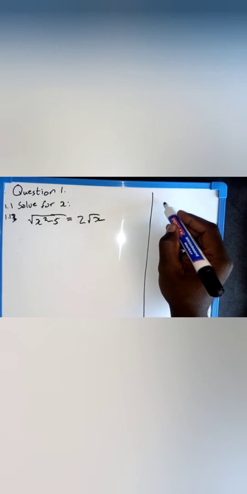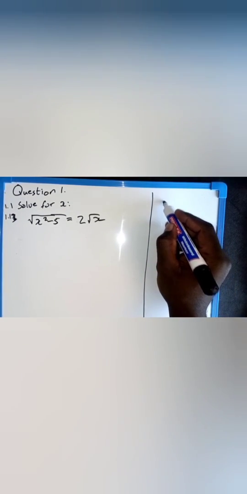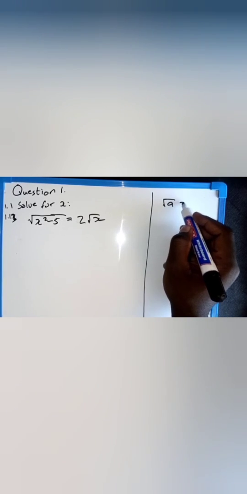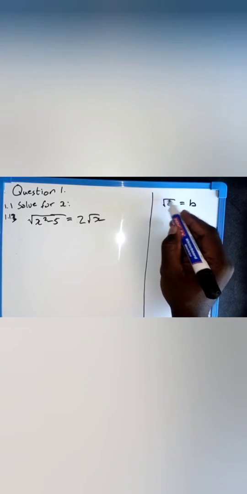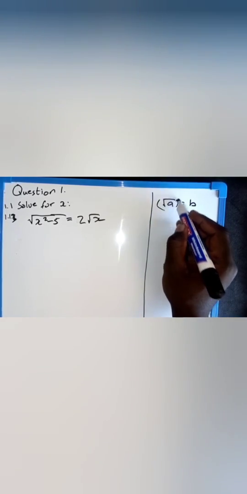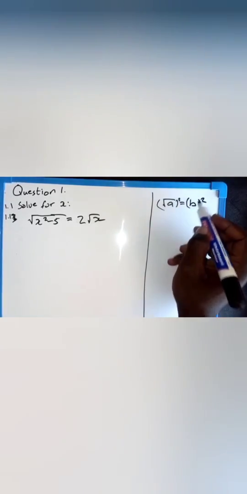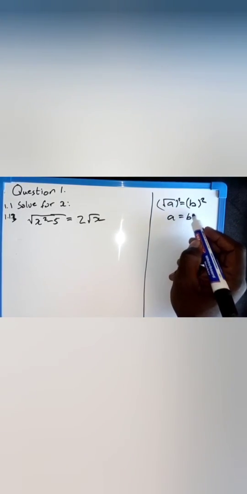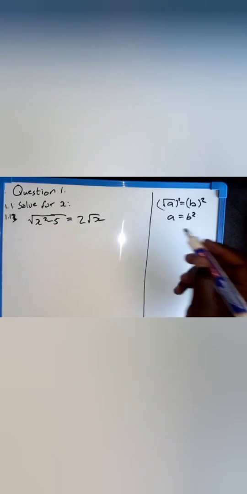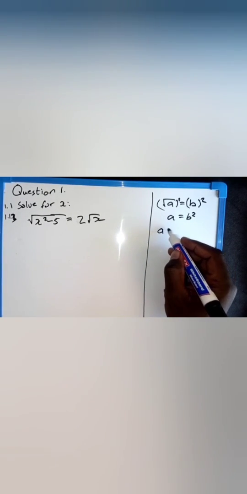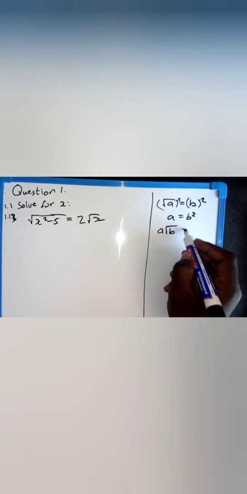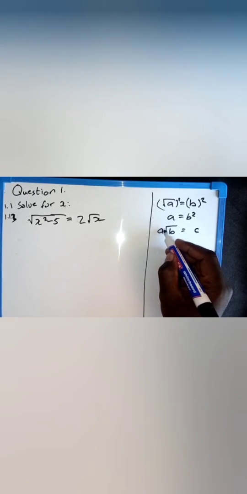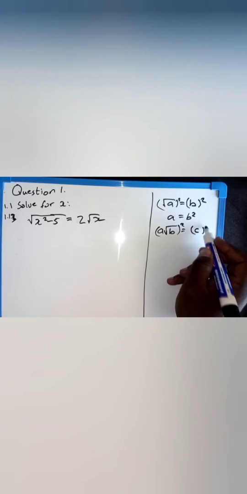So we know that if you're given root A is equal to B, to remove the square root you square both sides, so that A is equal to B squared. And if, for example, you had A root B is equal to C, and you want to get rid of the square root, you still square both sides.